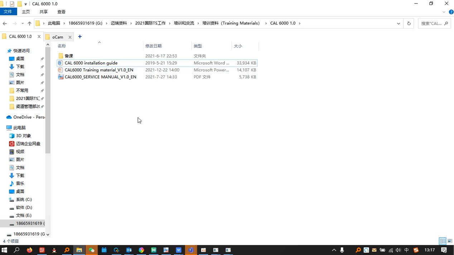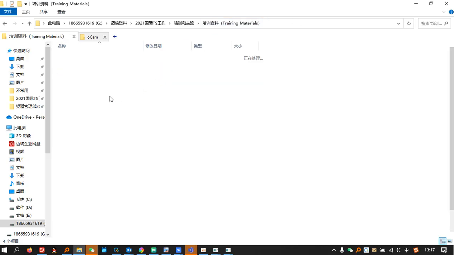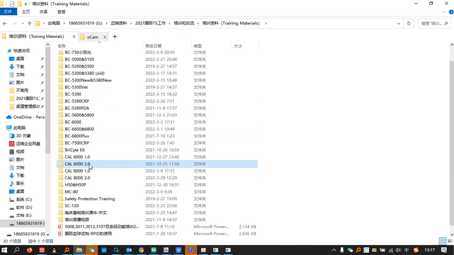And seldom will you install these models, because it is stopped, and we switched the CAL 6000 from version 1 to version 2 in the market department. And later I will introduce the CAL 6000 version 2.